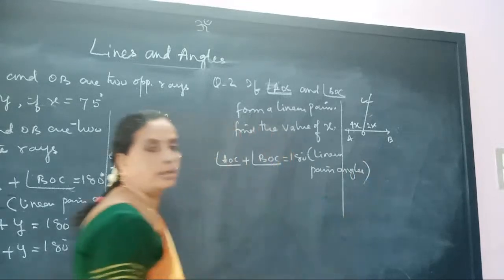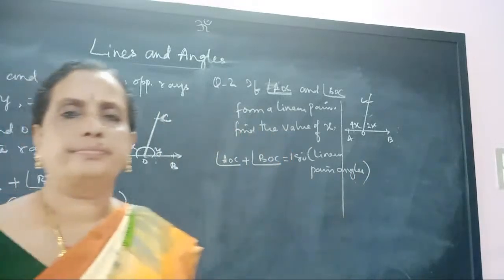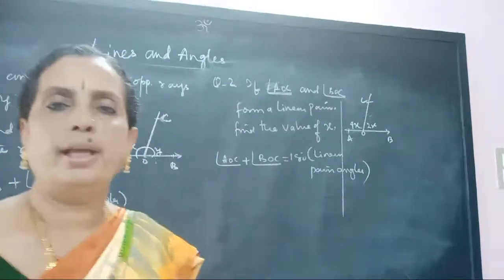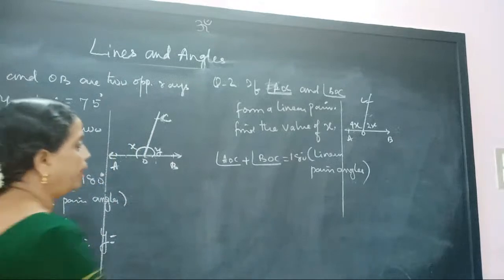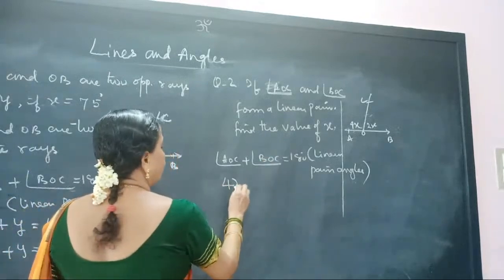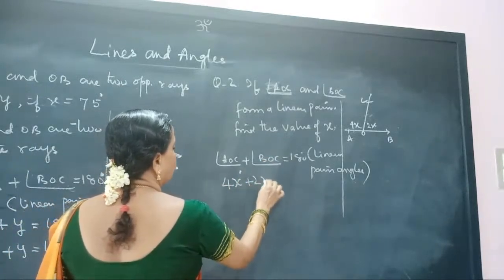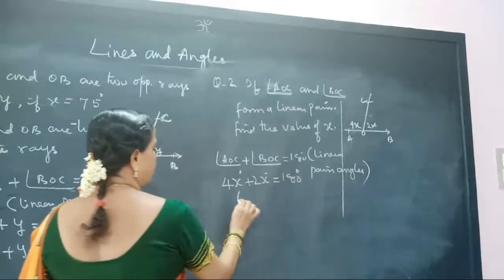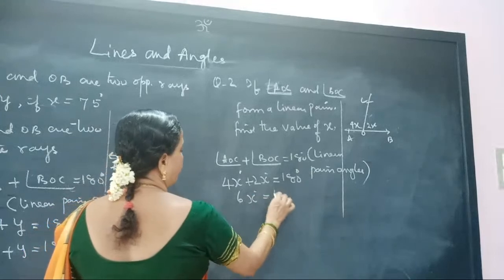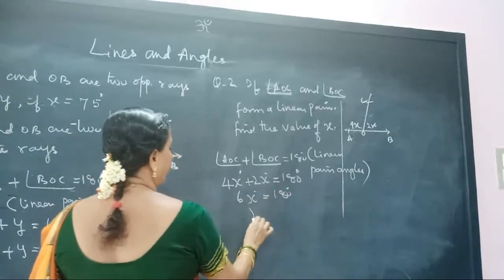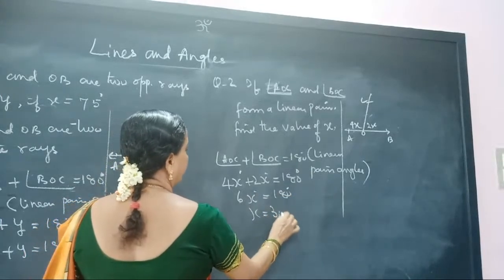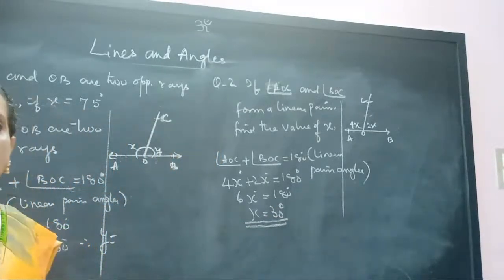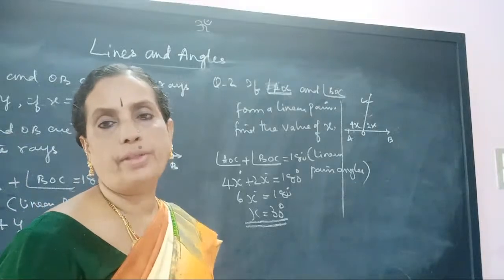Okay, now substitute what they mentioned. 4x degree plus 2x degree equals 180 degree. 6x degree equals 180 degree. X equals 30 degree. This is how we can find out the value of this.